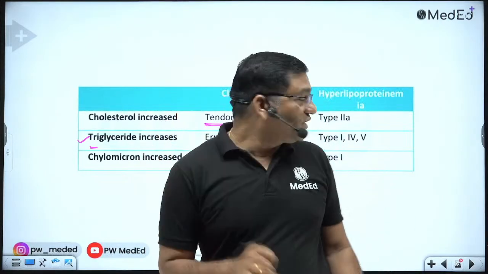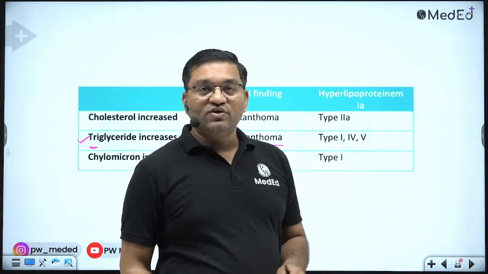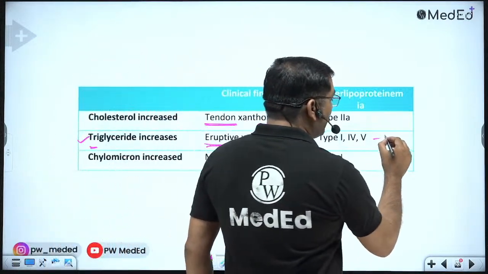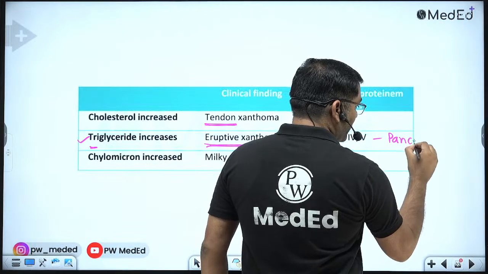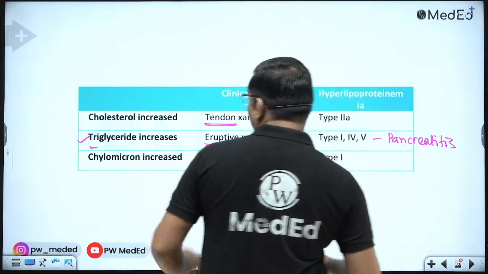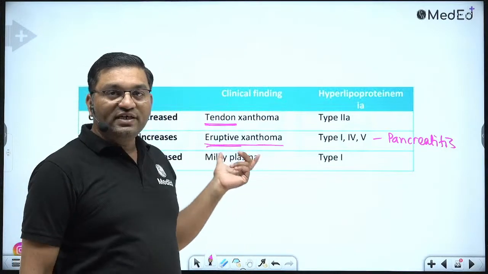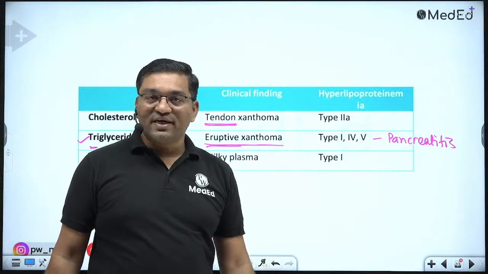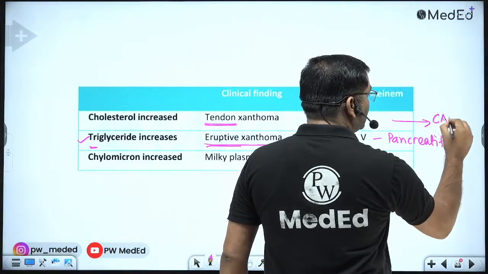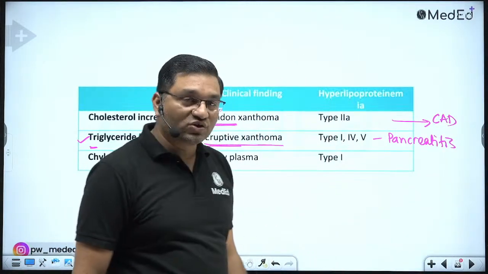Also it causes pancreatitis. Because of increased TG level, these persons are prone to pancreatitis, while they are prone to coronary artery diseases because of increase in the cholesterol level.